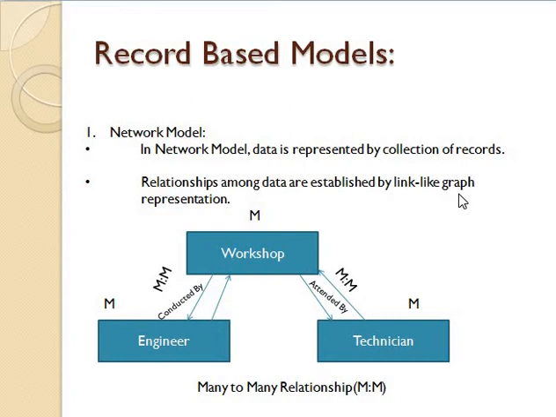And with the help of graphs, we can implement many-to-many relationships. This is indicated by arrows moving out from workshop to engineer, as well as arrows moving out from engineer to workshop. Same happens between workshop and technician.